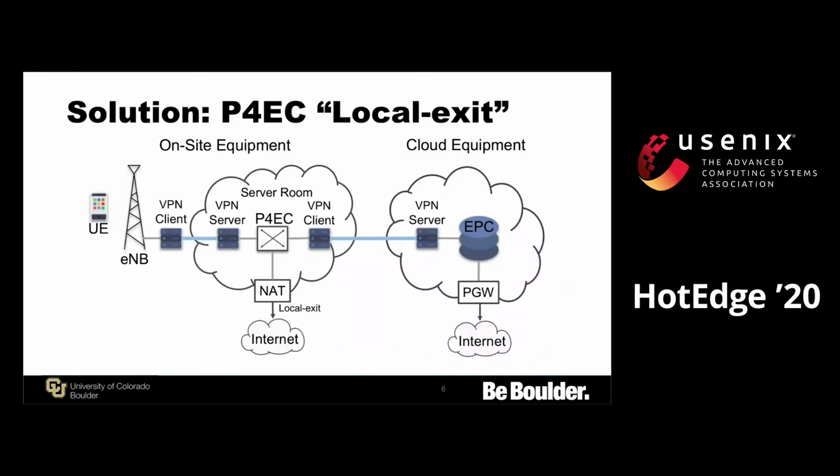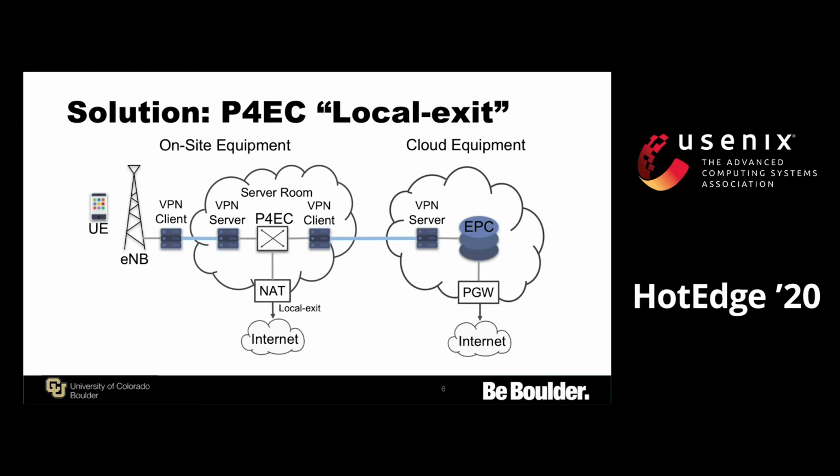Our solution to the latency issues caused by the cloud EPC is the P4EC. When deployed, the P4EC acts as a middle box monitoring all the traffic between the E-Node B and the EPC. Using custom P4 programs, traffic deemed latency sensitive can avoid a trip to the cloud EPC and is redirected to the local exit.